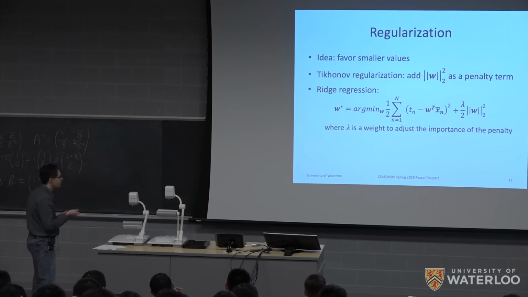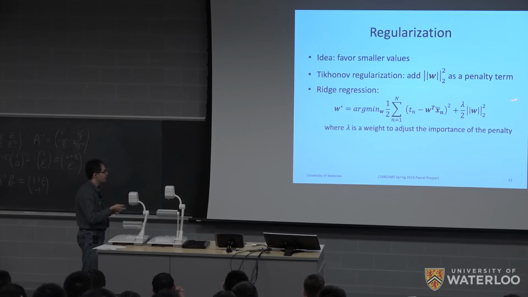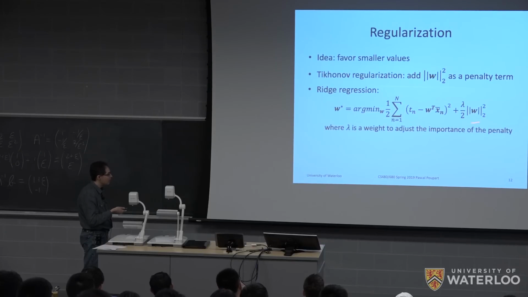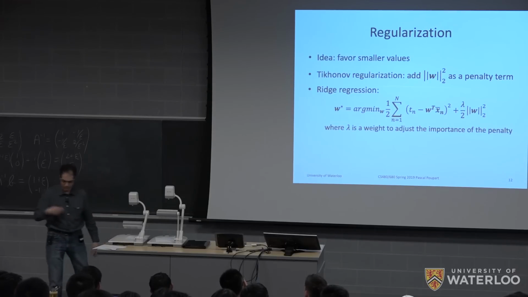Here we're going to add a penalty term that essentially forces the magnitude of our weights to be as small as possible. So you see, our original objective was to minimize the Euclidean distance between the output and the target, but now we're also going to minimize the magnitude of the weights.